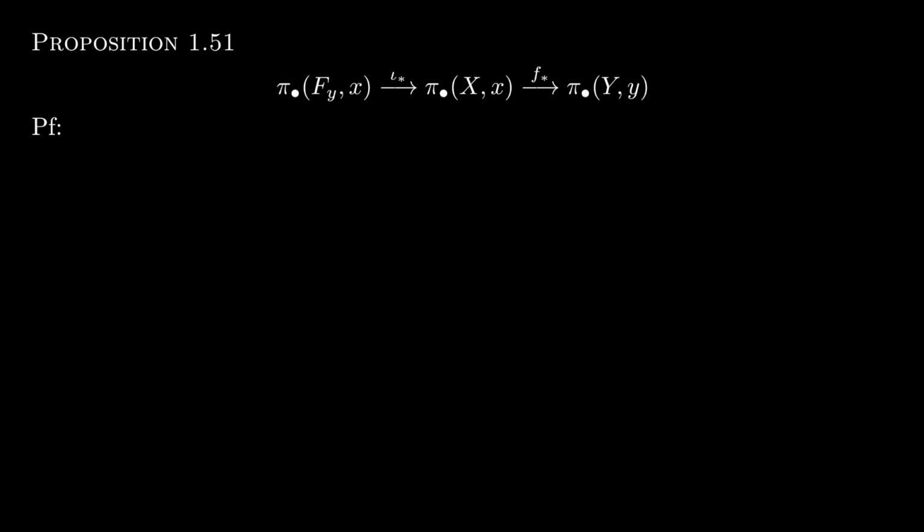So to get formal, let alpha be something in the kernel. So it is a map from a sphere to X. Our goal is to show that alpha is homotopic to something in the image of the inclusion. So it is homotopic to a sphere that is sent entirely to a single point in Y. As far as proof techniques go, one of our assumptions was that F was a Serre fibration, so we better arrange our diagram in a way that lets us exploit this fact.